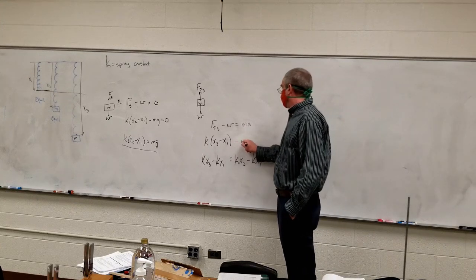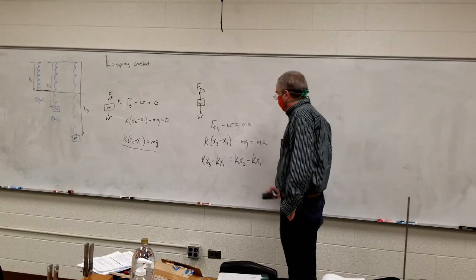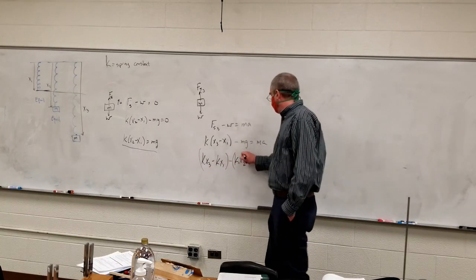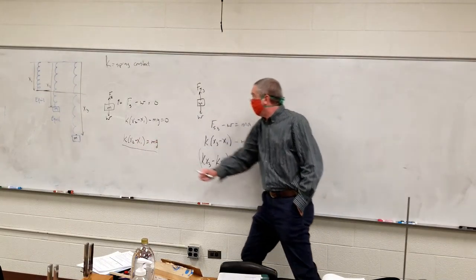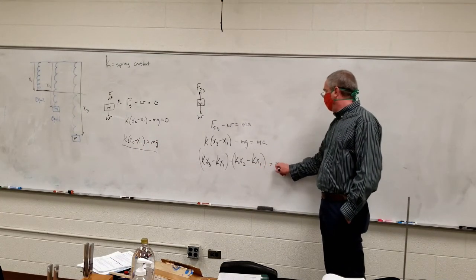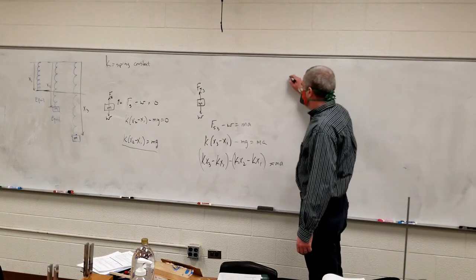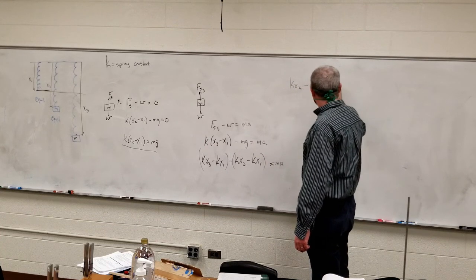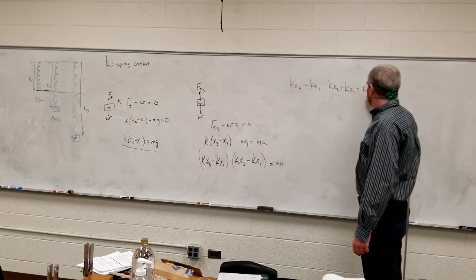So Fs minus mg equals ma. I'm going to subtract this. I know that mg is equal to kx2 minus kx1, and that's equal to ma. I can distribute that negative sign and start getting rid of stuff. So I have kx3 minus kx1 minus kx2 plus kx1 equals ma.